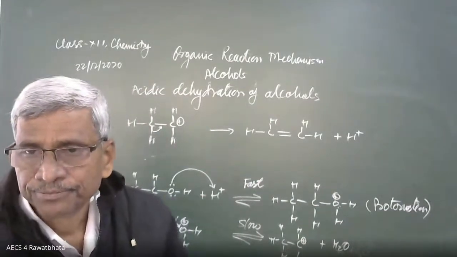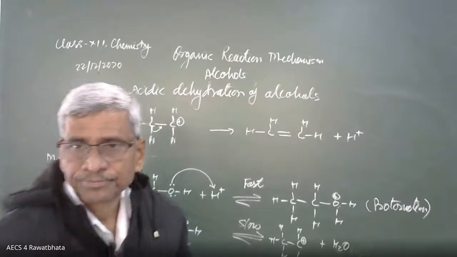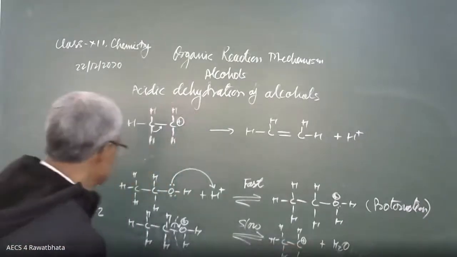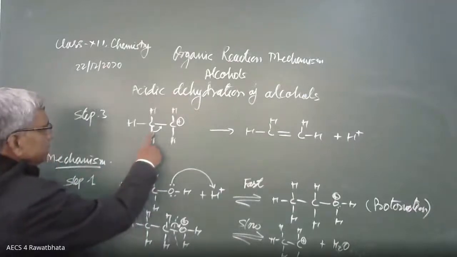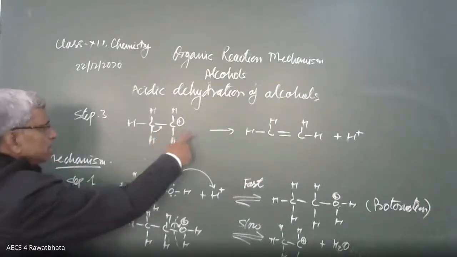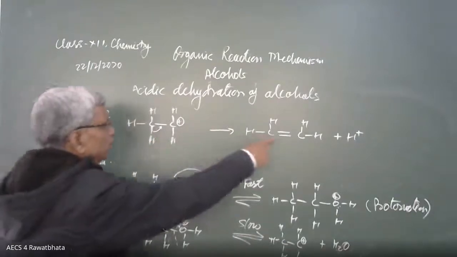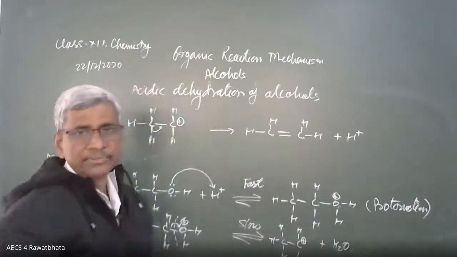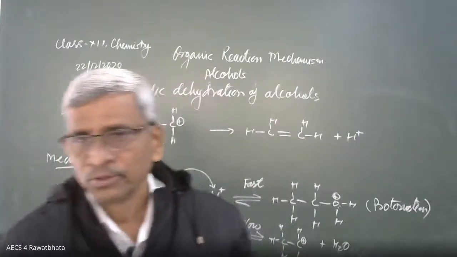This carbocation is formed, and here the shifting of electron pair takes place, and finally this positive charge comes out. H positive comes out in this way, and this forms the alkene. This is the mechanism. Okay, beta.